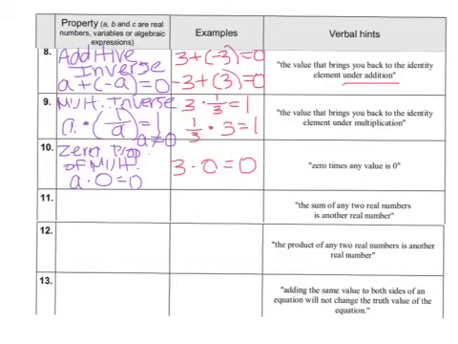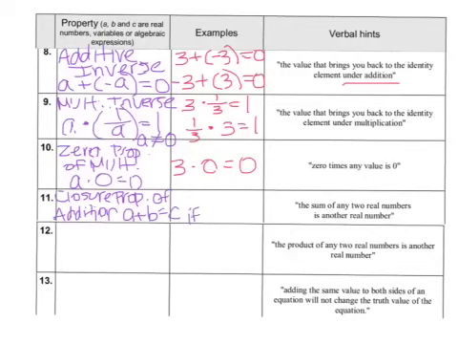Verbal hint for number 11: the sum of any two real numbers is another real number. This is called the closure property. And in this case, we're talking about the sum, so it's of addition. This means that if a is a real number and b is a real number, then the answer is going to be a real number.